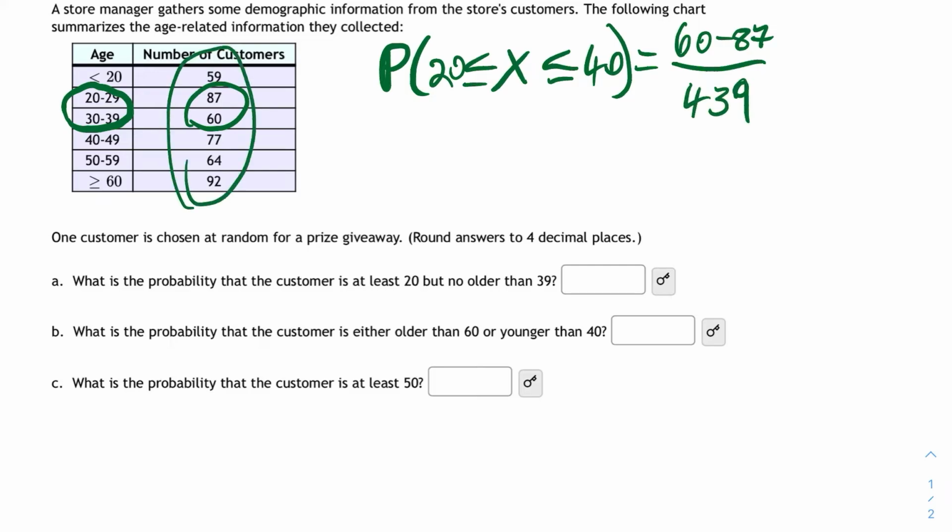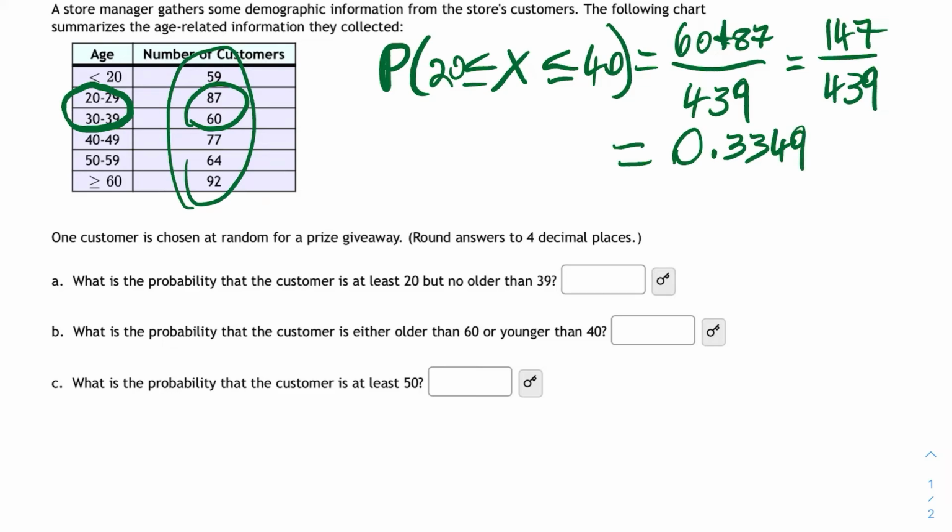So of the 439, it's 147 of them that are in that age range, so the probability of getting somebody in that age range is roughly 0.3349 when rounded to 4 decimal places. So that's the answer for the first part.